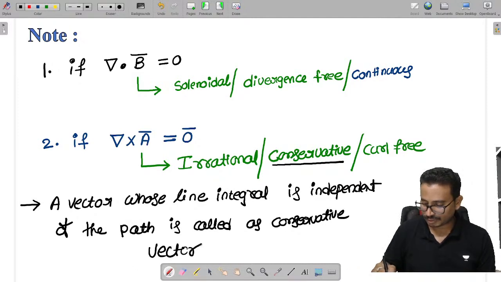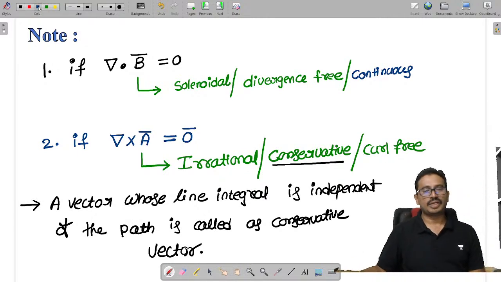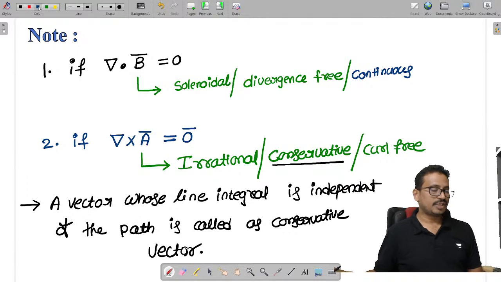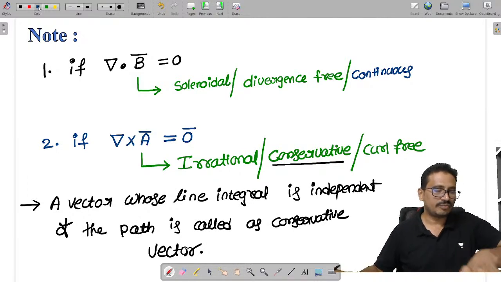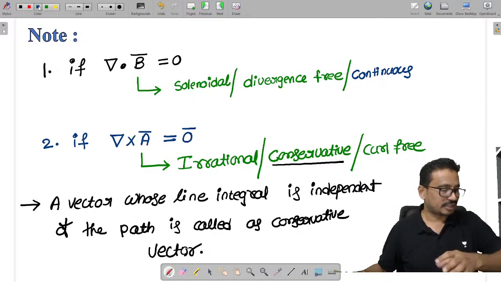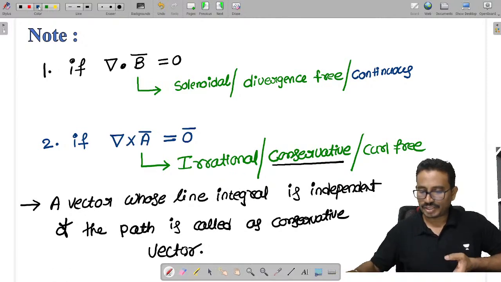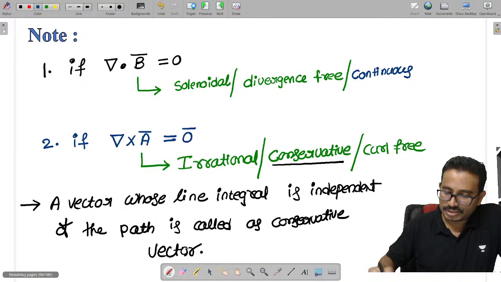A vector whose line integral is independent of the path is called a conservative vector. If it is independent of the path of selection, then we call that vector a conservative vector. Fine. What is the meaning of conservative?